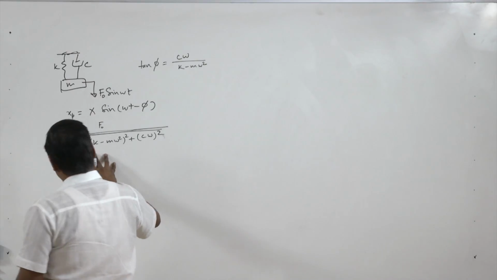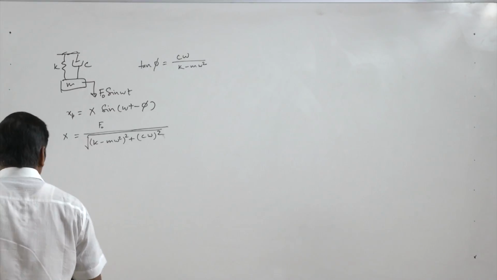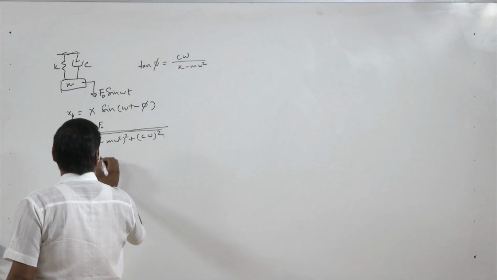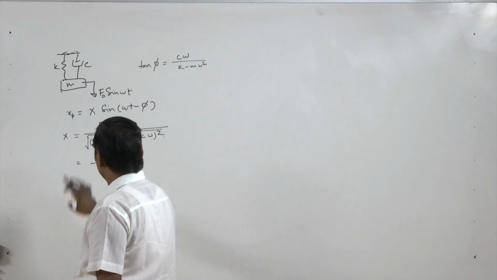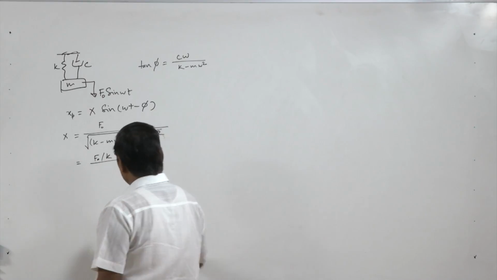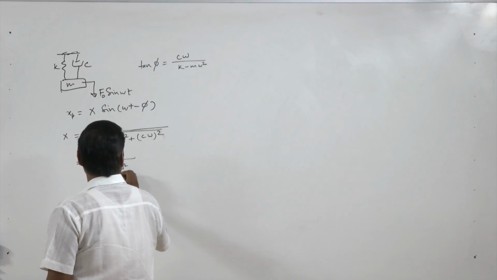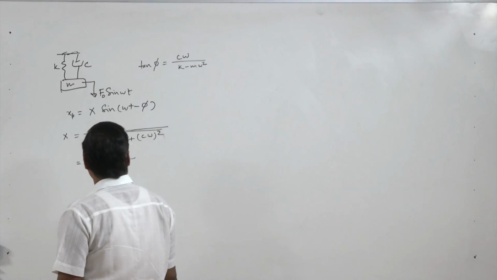So we can rearrange these terms. We can have F0 by k, so we take k outside of this under root. So we have 1 minus m omega square by k.